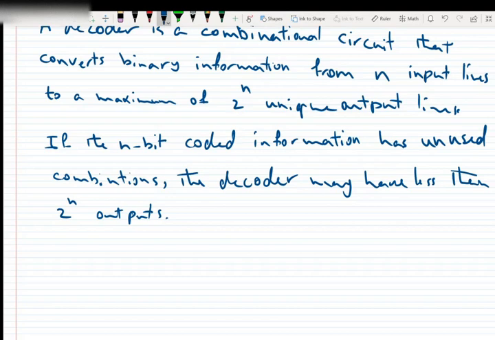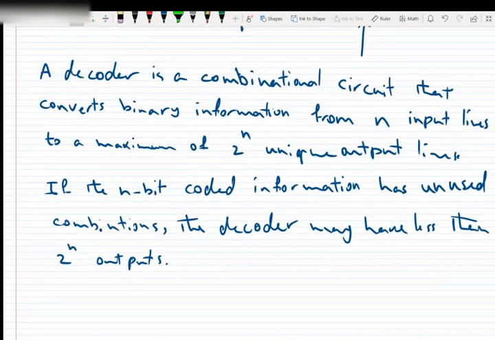Okay, I will explain it in examples. So this one is the definition of a decoder.